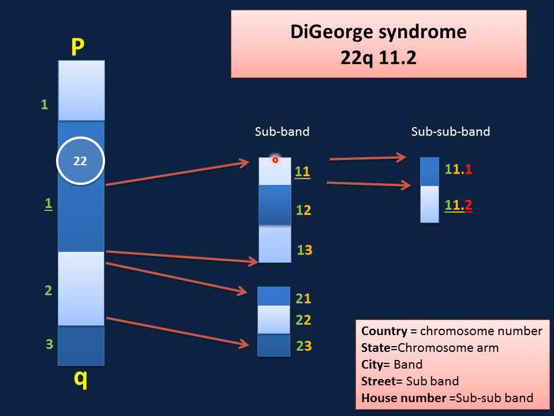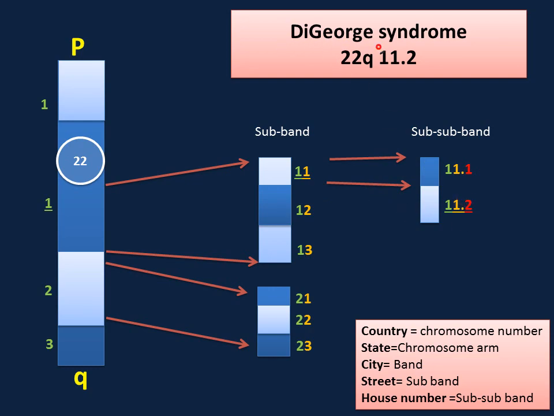Then if you take this band and magnify it, it will also be classified into sub bands, which is 1 1 belonging to this one. So this green belongs to the first one, the yellow belongs to the second one, the sub band, and the sub band in red color here is 1 and 2: 1 because it's close to the centromere, then afterward is 2.